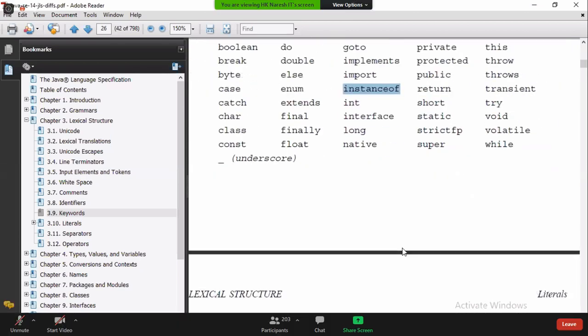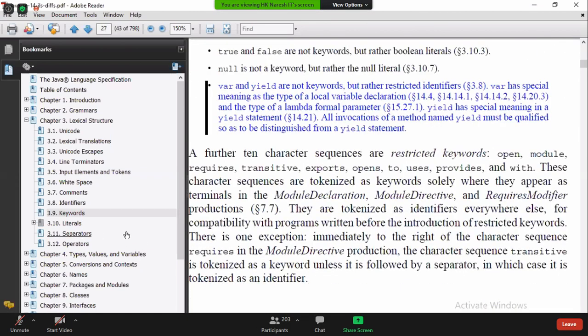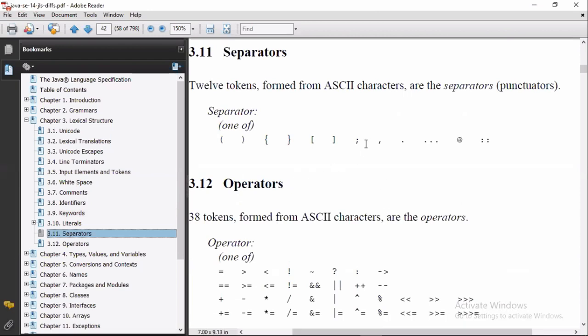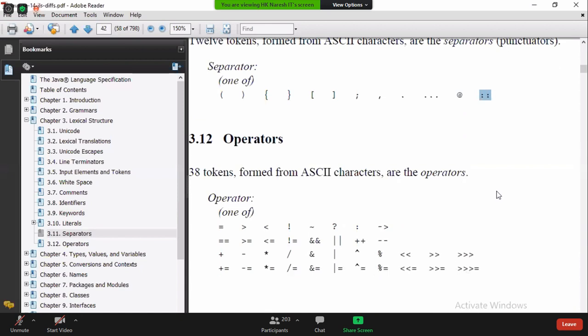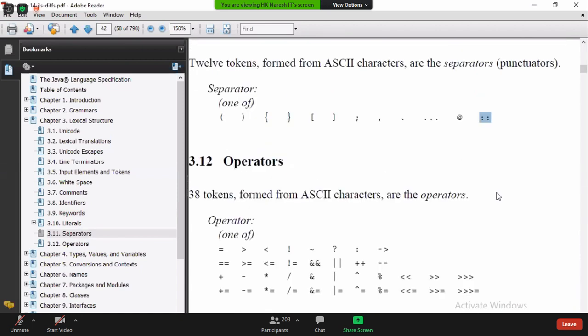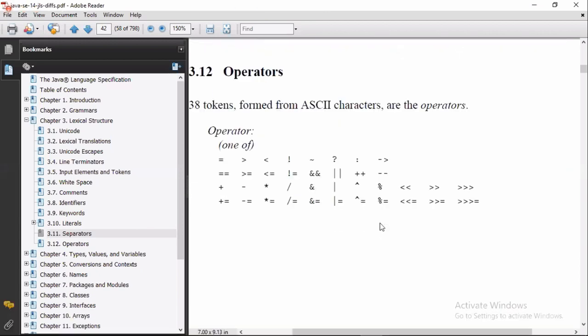Okay, and next if you come to the separators list, in separators you have the array operator, dot operator, and double colon. So people are calling them operators. If you want to call them operators, you call, otherwise leave it, it's up to you. I'm not going to call them operators, I'll call them separators. Okay, so this is the basic idea.